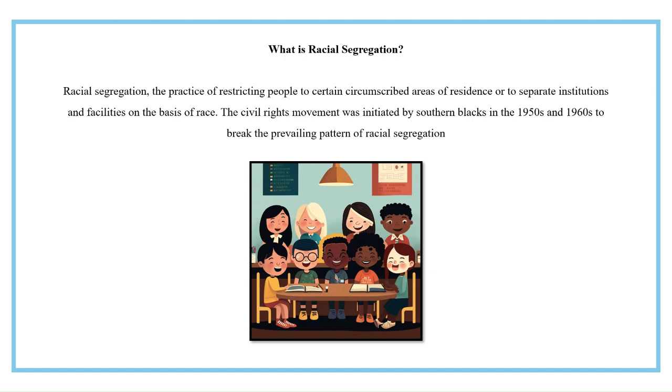What is racial segregation? Racial segregation is the practice of restricting people to certain circumscribed areas of residence or to separate institutions and facilities on the basis of race.